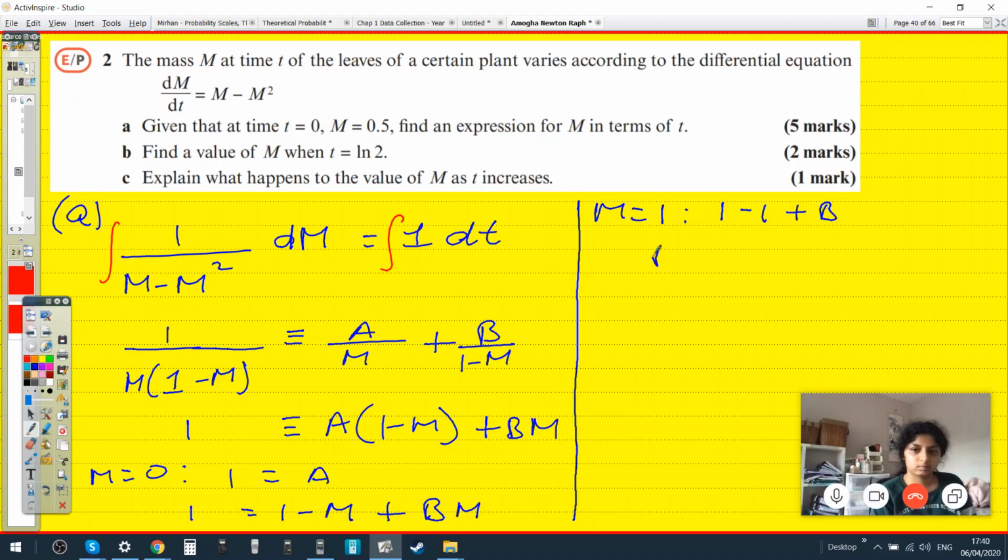So b is 1. And so that, what we are integrating, is just 1 over m, no, plus 1 over 1 minus m.